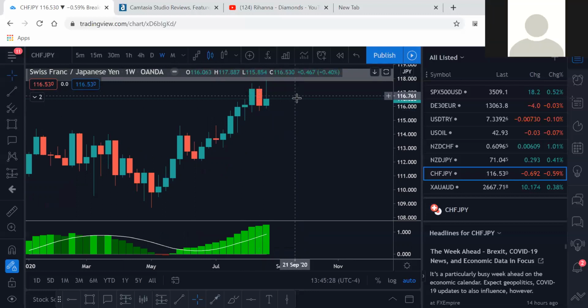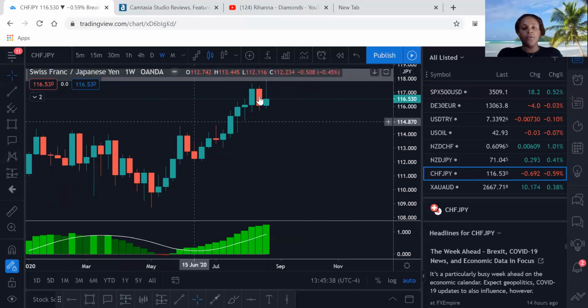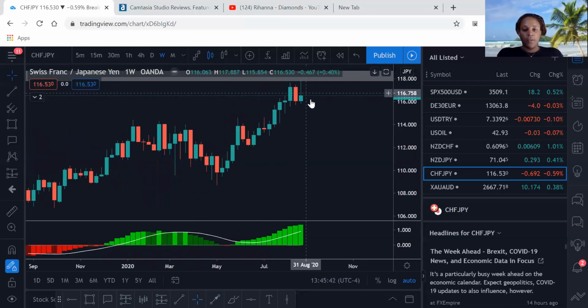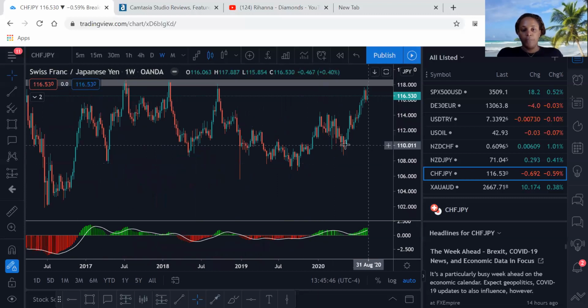Look, there's one of the same type back here too. It takes the same type of form as an engulfing candle. So we're looking for price to really give us a nice downward move here on CHF-JPY.